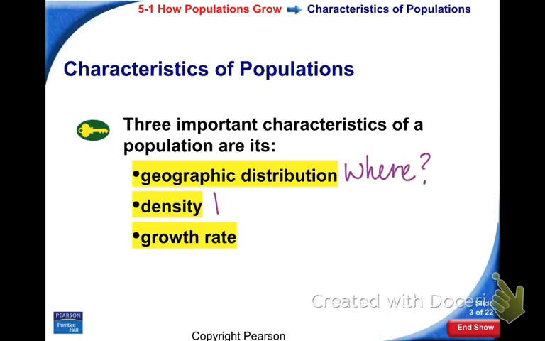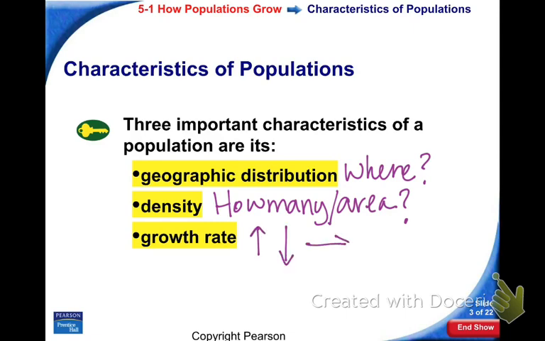Density is how many per unit of area, how close they are together. And then the growth rate, are they increasing in size, or are they decreasing in size, or are they staying the same? So where are they found? How many do you find? How closely packed together they are in your area? And is the population growing in size, decreasing in size, or staying the same?